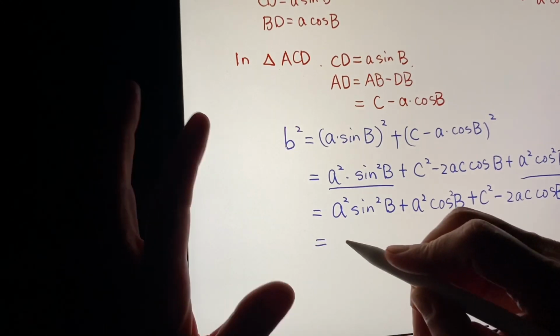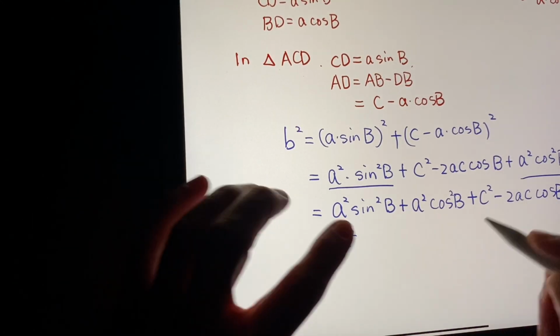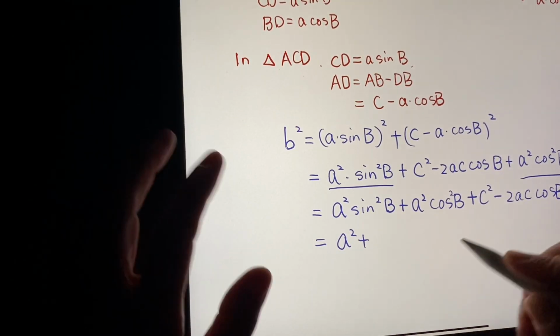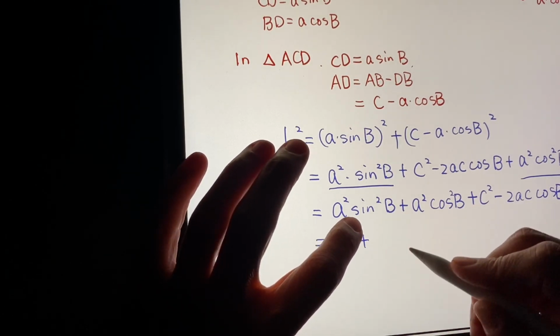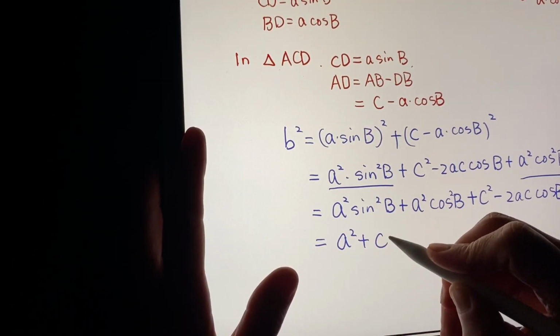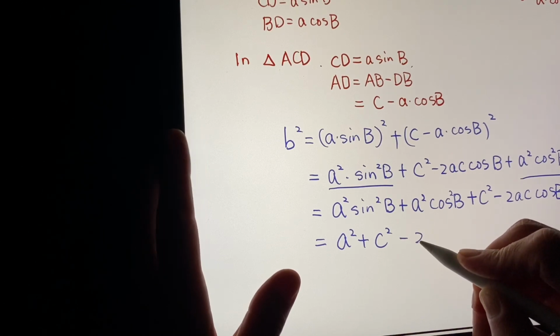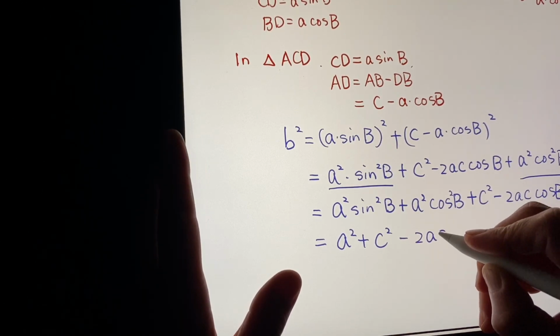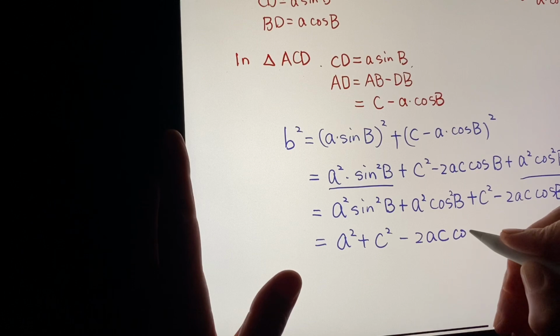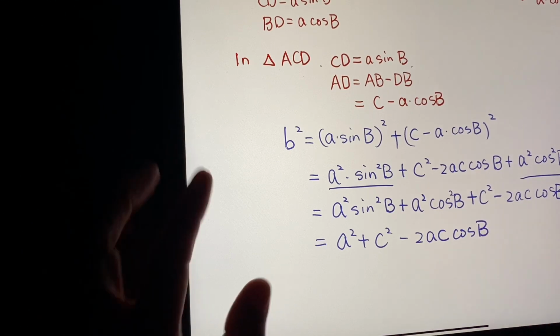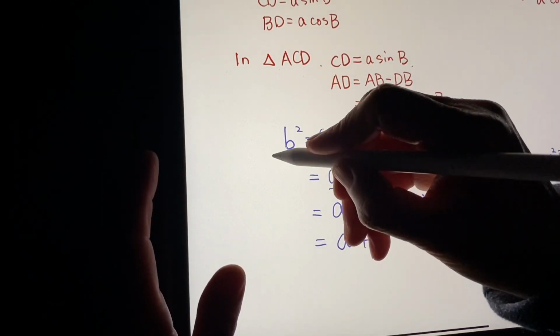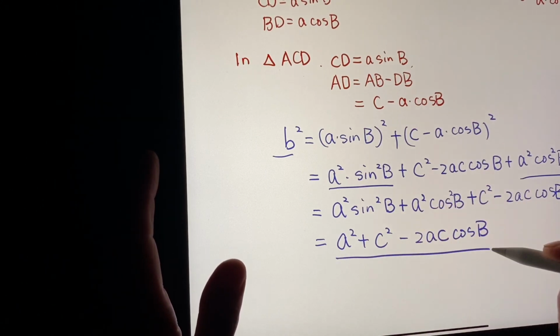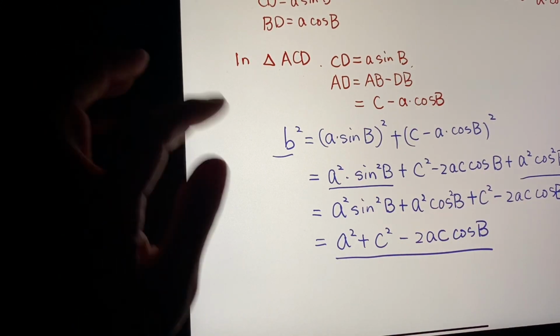So this becomes a squared plus c squared minus 2ac cosine B. Are we getting there? We are getting there.